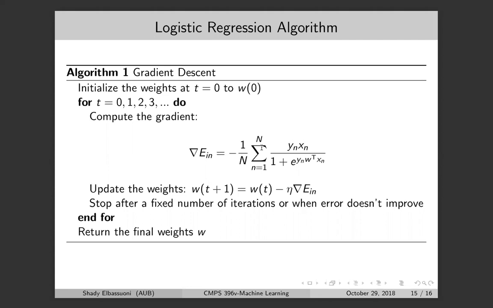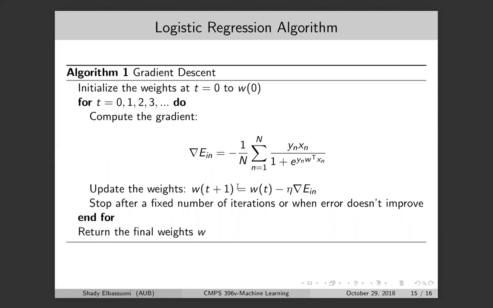All I have to do is take this training set, multiply the label by the feature vector, and then divide by 1 plus e to the power of yn times the current weights times the feature vector. And that gives me the gradient, a vector of gradients, one for every dimension. I have d dimensions, so I'll get d values in this gradient vector.